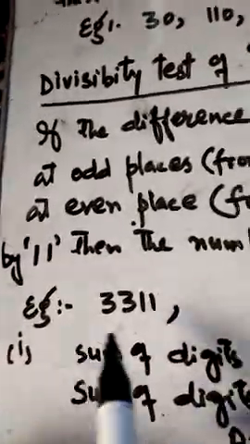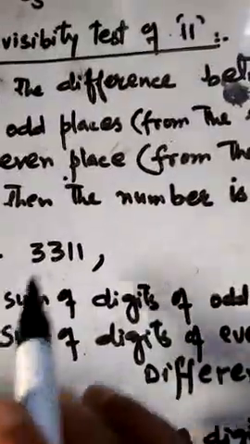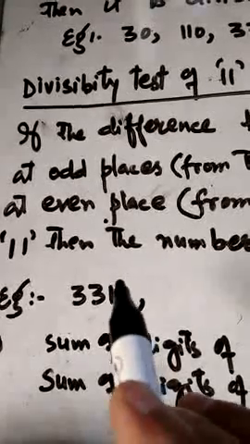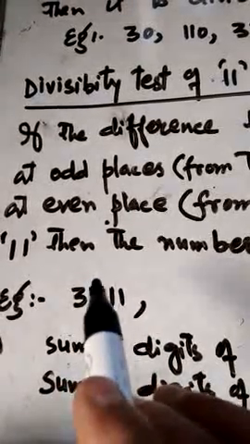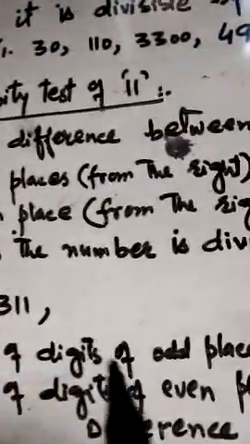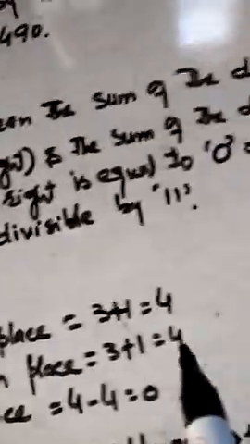For example, here we take the example 3311. The sum of digits at odd places, starting from the right, the odd places are this 1 and this 3, and the even places are this second 1 and this 3. If we find the sum, 3 plus 1 is equal to 4, and here it's also 3 plus 1, which is also equal to 4.